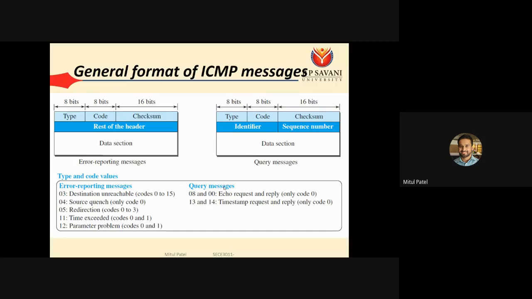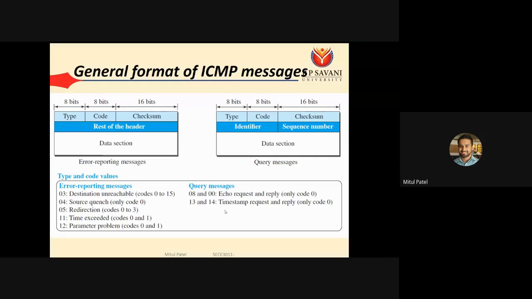Same way for the query messages, we can have 2 types of query messages: echo request and echo reply, or timestamp request and timestamp reply. Echo request and echo reply we can compare with our ping command, while timestamp request and reply we can compare with the traceroute command. With traceroute, one by one we are calculating the RTT, that is the round trip time.